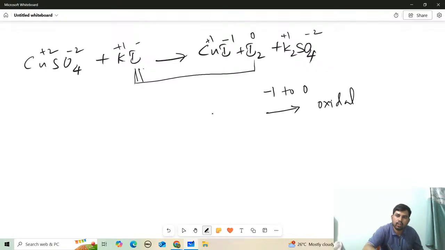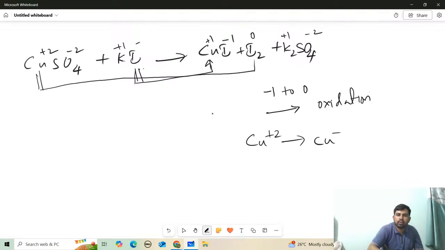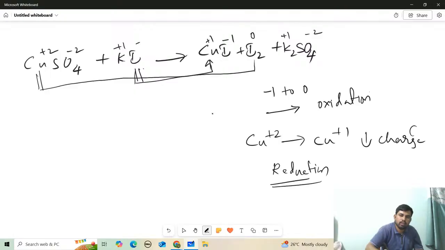Just remember that. Similarly, copper is converting from copper plus 2 to copper plus 1. It is a decrease in the charge, so I can say it is reduction. Decrease in the charge, as we discussed already, is an example of reduction.